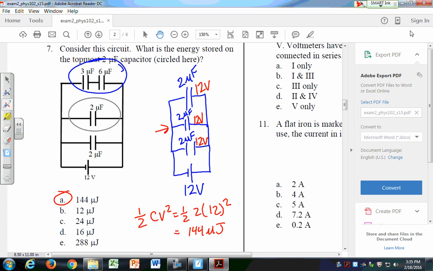But let's go ahead and take a look and see what are the voltages across all of the capacitors. Now, we've already said that this voltage is 12, this voltage is 12, and the voltage across this equivalent capacitor is 12. But what is the voltage across the 3 microfarad capacitor? Well, let's try that trick, or it's not a trick really, but think about how the voltages should be distributed across the 3 and the 6 microfarad capacitor when they're in series, just like we did last time.